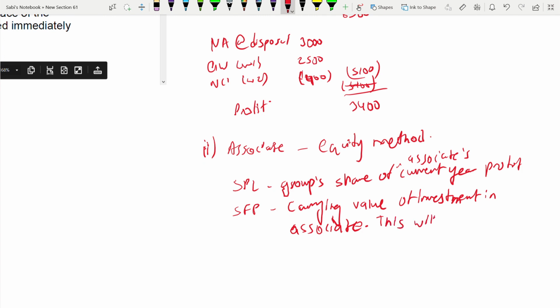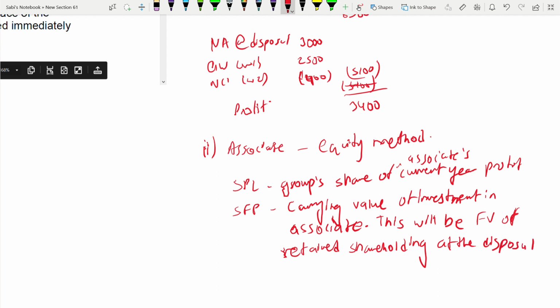This will be the fair value of the retained shareholding at the disposal date plus, okay, plus what?